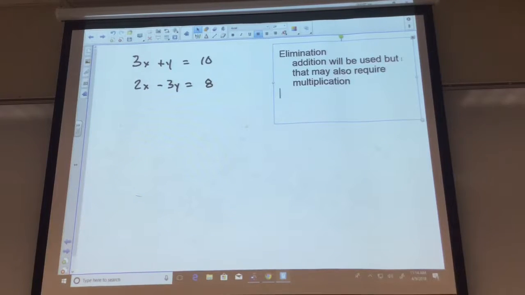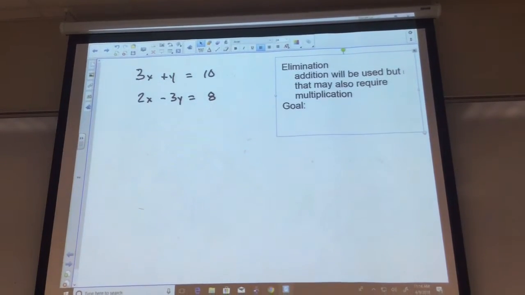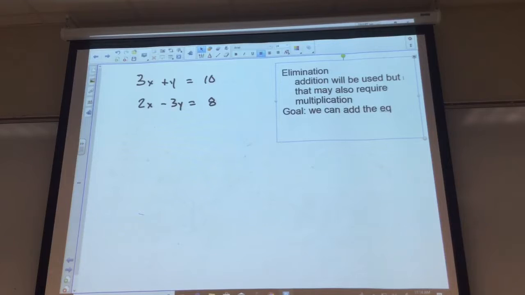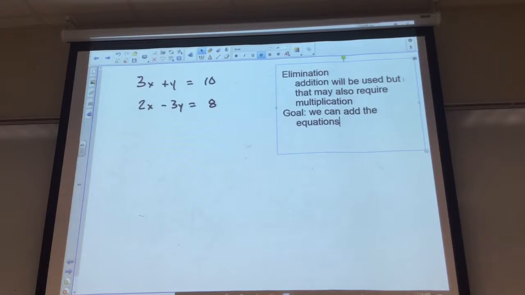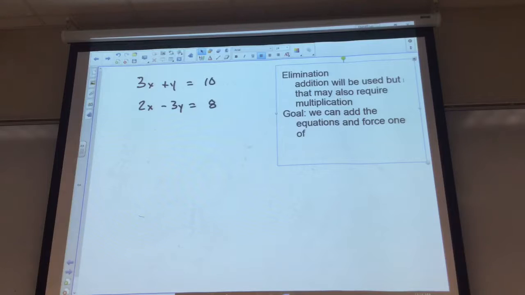So what we hope for in a problem like this, our goal is to be able to say, we can add the equations, and force one of the variable terms to cancel.